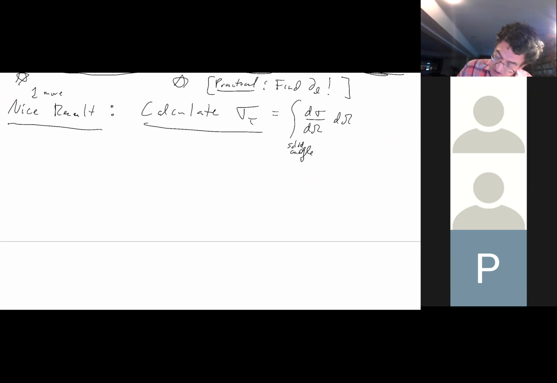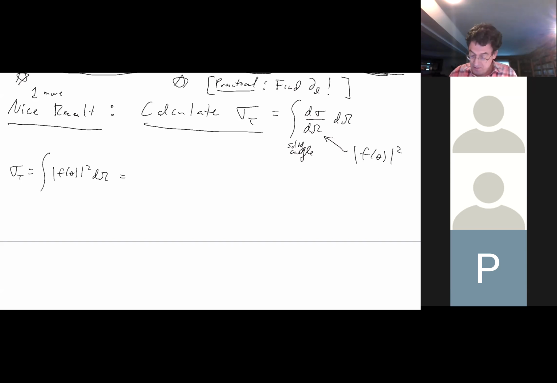The new formula tells us that sigma total is equal to the integral of the scattering amplitude squared, d omega, and so we can do this integral.